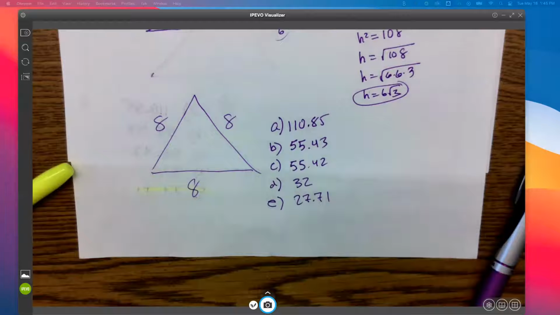When you find it, use your calculator to get a decimal approximation, and it will be one of those 5 answers I've put up there as multiple choice. I want everyone to please find an answer. And if yours isn't one of the A, B, C, D, or E choices up there, look for a mistake because you've definitely made a mistake. I'm telling you the answer is up there.